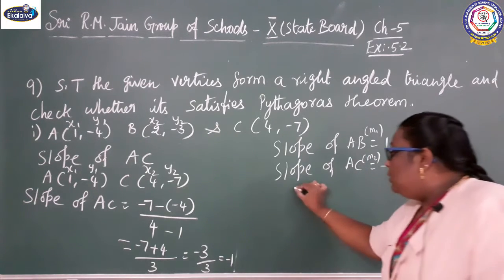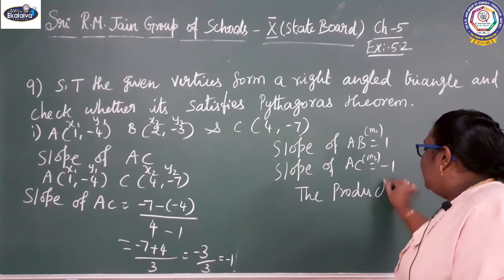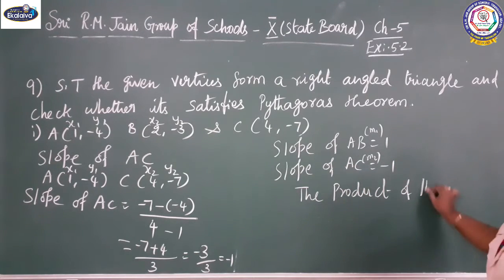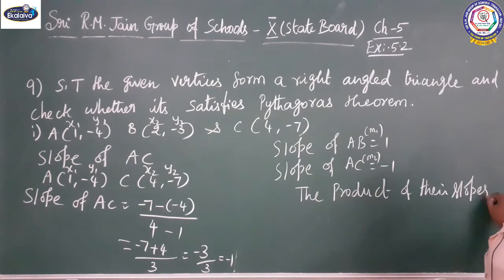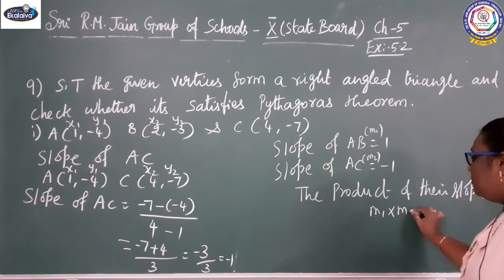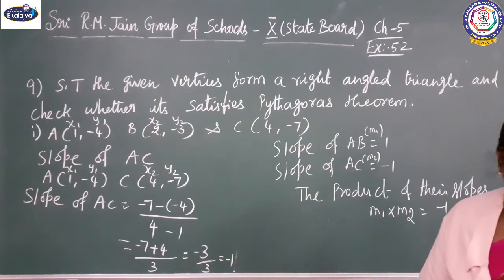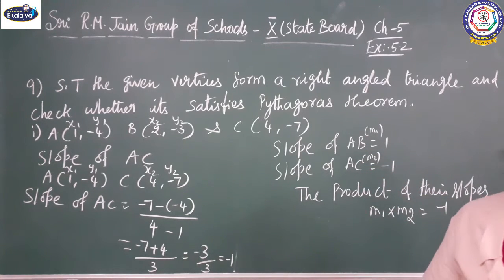So M1 into M2, the product of the slopes, is what? M1 into M2 equals 1 into minus 1, which is minus 1. So the slopes are perpendicular.